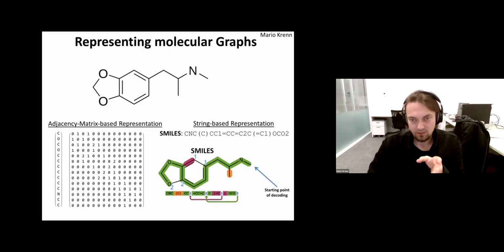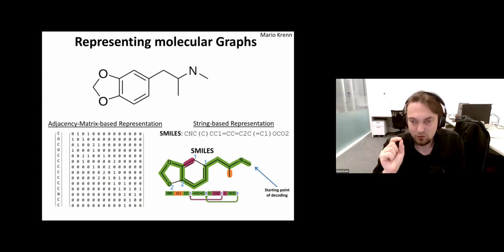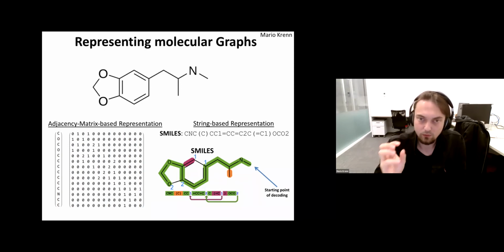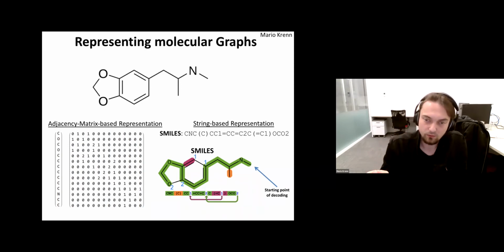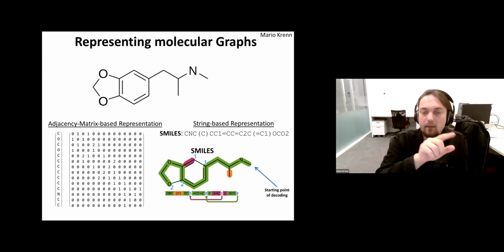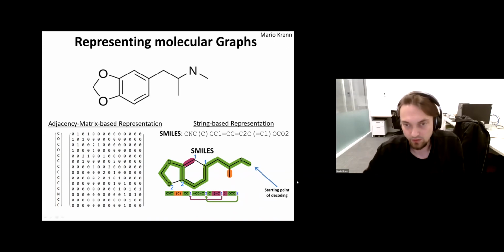The idea of representing a graph or a molecule with strings is very clever. What you do here is you take your graph and you draw one main string through the graph. Here you see this green string.